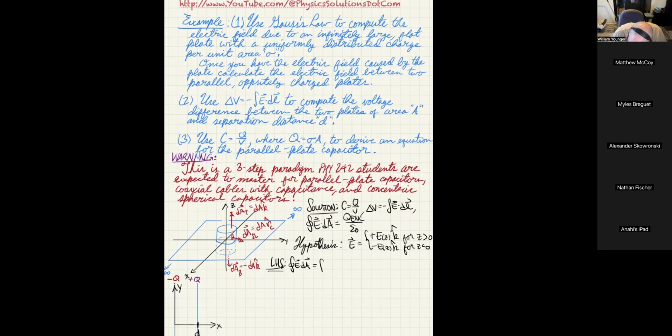So I'm going to break this up into an integral over the top of E of z k hat dotted with dA k hat, plus an integral over the bottom of E of z. Now, in this case, the dA is actually going to be a negative, so this is E of z k hat dotted with negative dA k hat.